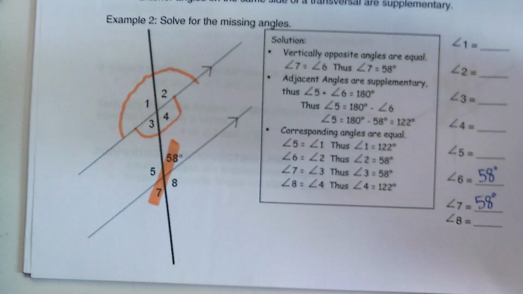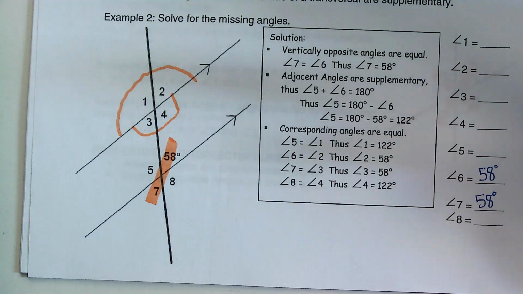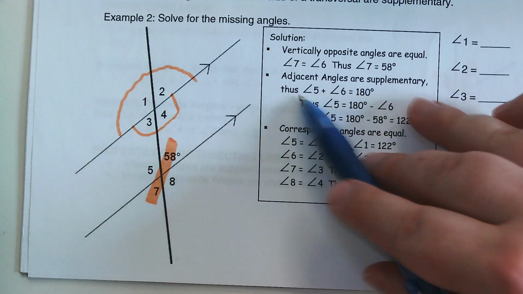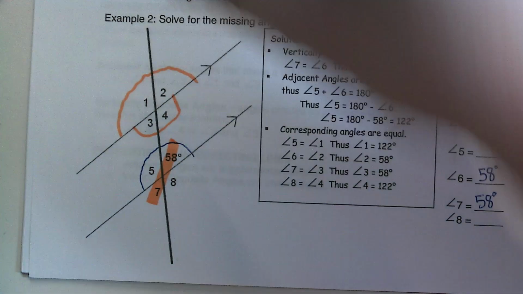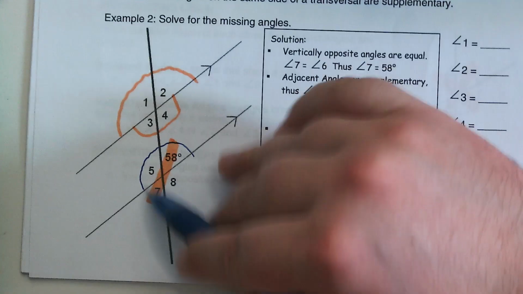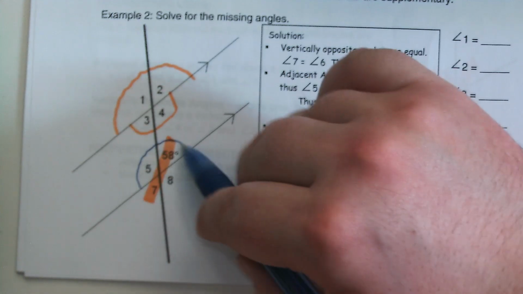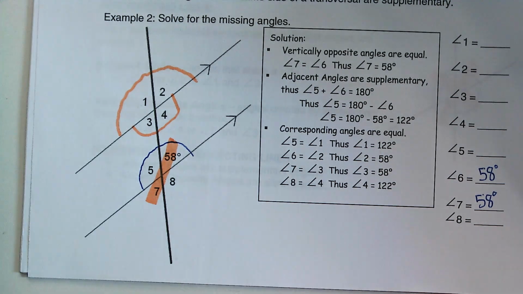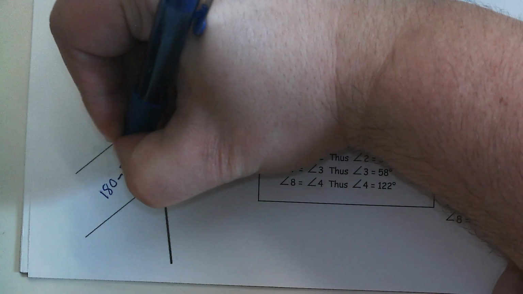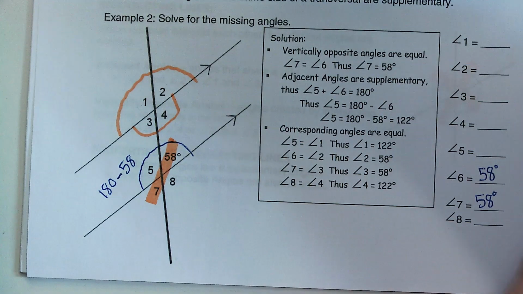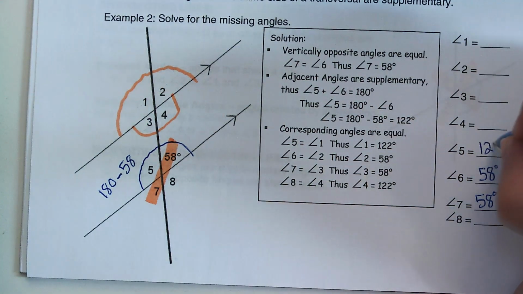Again, it's up to you how you would like to continue with this. In the example here, they start talking about angles number 5 and 6. So like we set up here, angles number 5 and 6, whenever they are on the same side, they are supplementary. They add up to 180. So that means angle 5 is going to be 180 subtract 58, which is 122.